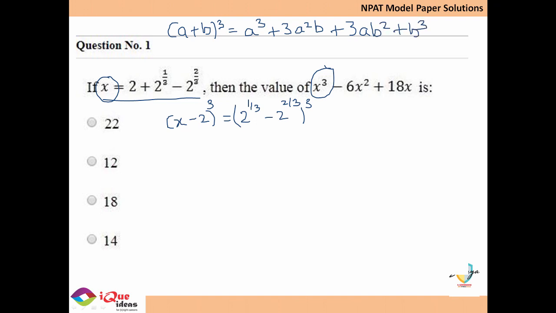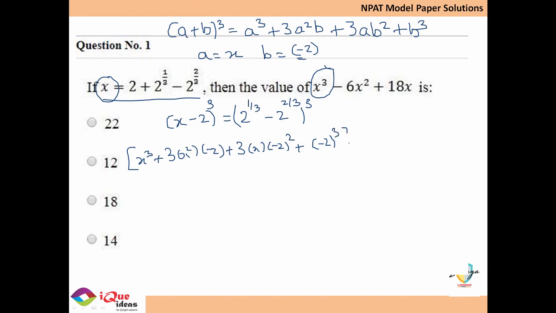That is the identity, where here I can say the value of a is x and the value of b is minus 2. This minus sign is important. So x minus 2 the whole cube gets expanded into x cube plus 3 times x square into minus 2, that is a square b, plus 3ab square, so x into minus 2 the whole square, plus b cube, that is minus 2 the whole cube.